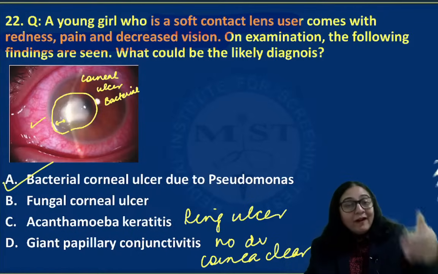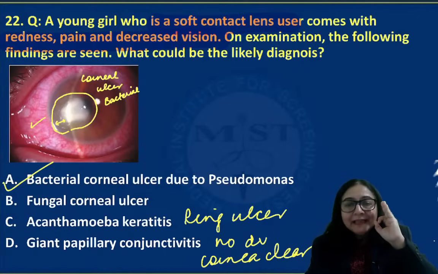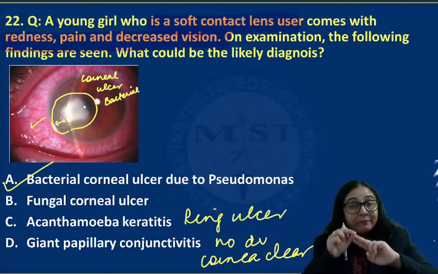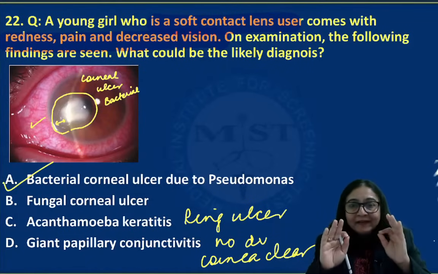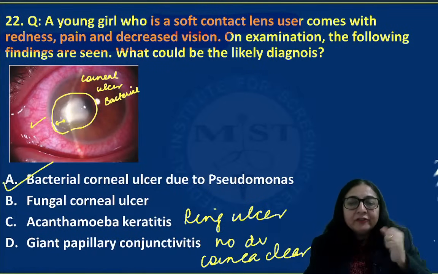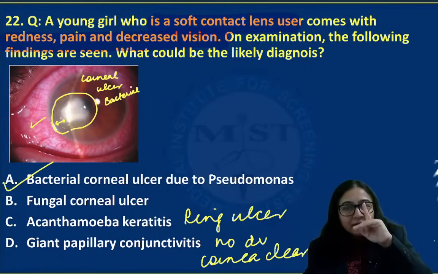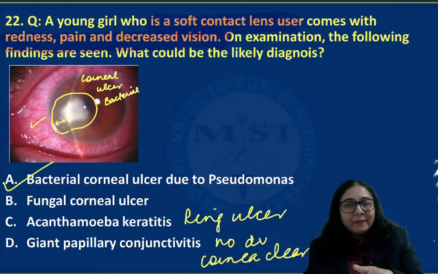Okay. Why is it not giant papillary? Because if it is giant papillary, it will cause only conjunctivitis-like symptoms and signs. There will be papillae, there will be redness, there will be itching, but there will be mild discomfort, no pain. You don't get pain due to allergic conjunctivitis. It can be discomfort, and there will be no decreased vision. If there is no decreased vision, only then it will be giant papillary conjunctivitis.